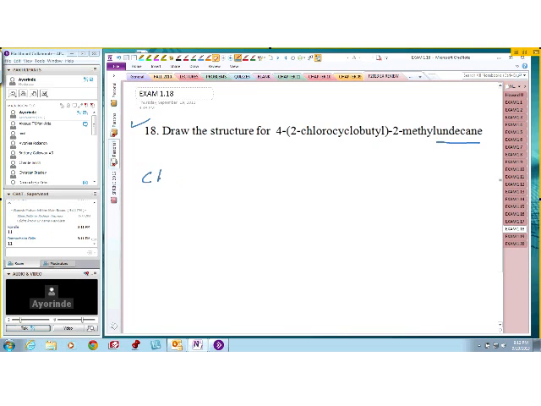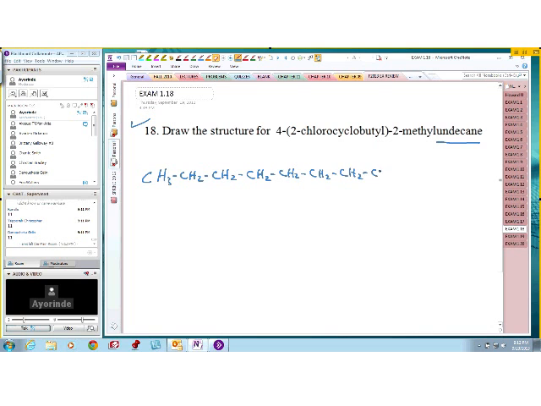So let us go ahead and write that. CH3, CH2, CH2, CH2, that's 4, 5, 6, 7, 8, 9.